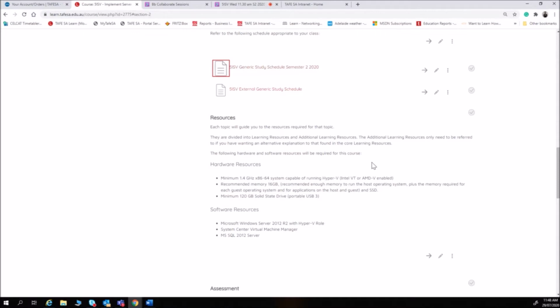The more memory you give to your virtual machines, the better they're going to run. The faster your solid-state hard drives, the better they're going to run. I think we're all familiar with that idea.